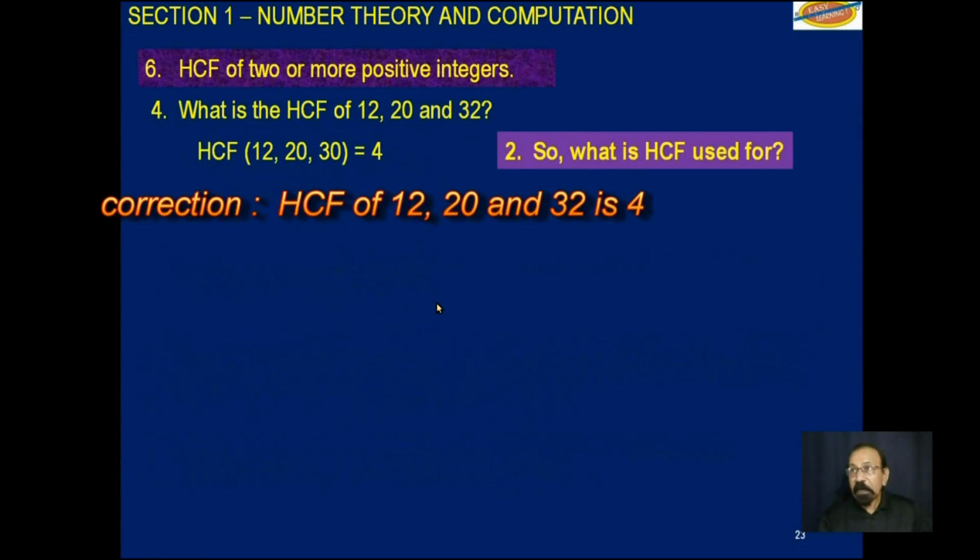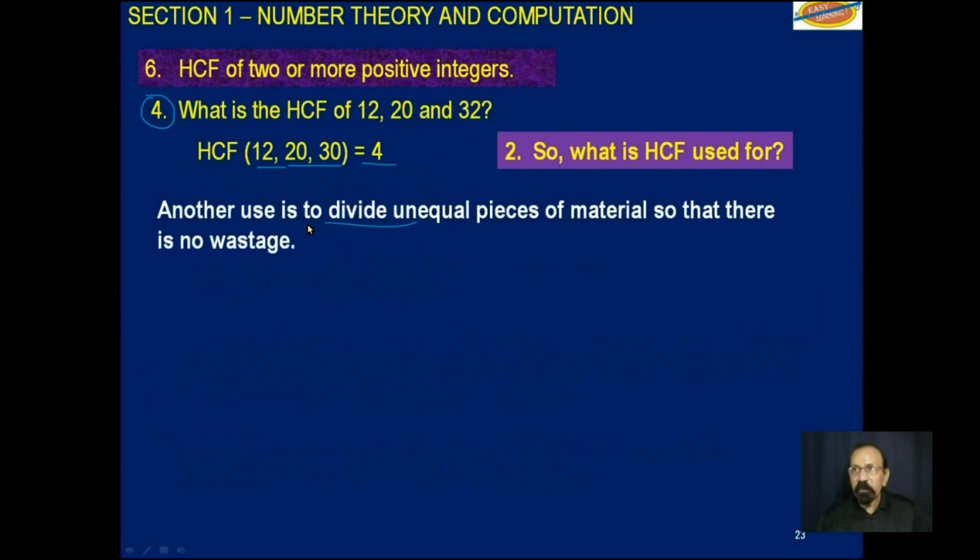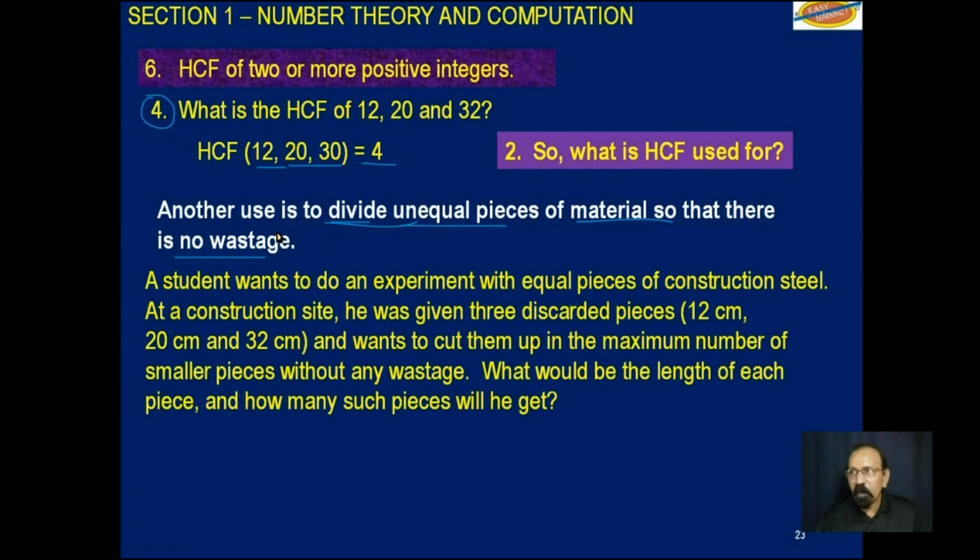We know that the HCF of 12, 20, and 30 is 4. We did that as example 4 when we were finding HCF. Now, another use of HCF is to divide unequal pieces of material so that there is no wastage. So here is the problem. A student wants to do an experiment with equal pieces of construction steel.